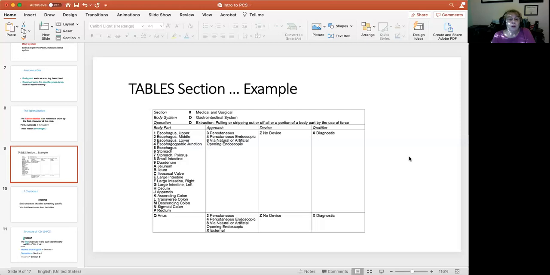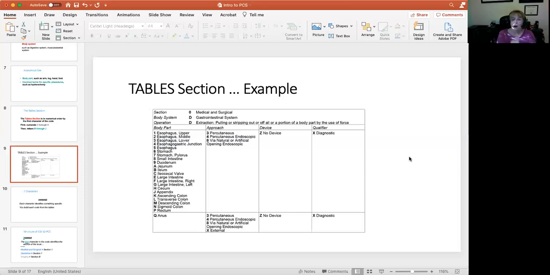So, this doctor now is going to pull out a quarter from this child's esophagus. The notes say that the doctor put the scope down the little boy's mouth. So what would that be? What's the approach? How did he get to the quarter? Via natural opening. Excellent.